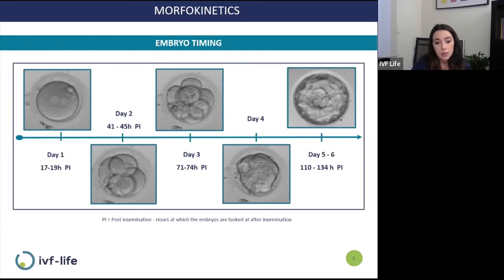So each lab sets these timings depending on what we consider our standards. Then we have day 4. This happens 94, 98 hours post-insemination, and here we have the morula stage. And day 5 and 6, where the range is wider because we can analyze this particular structure known as blastocyst, and the time frame can vary between 110 hours and 134 hours.